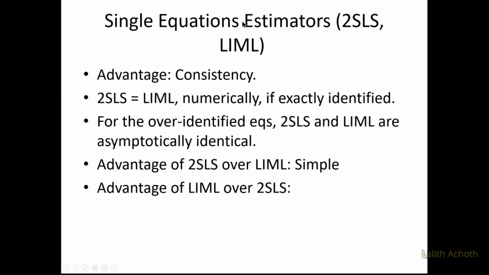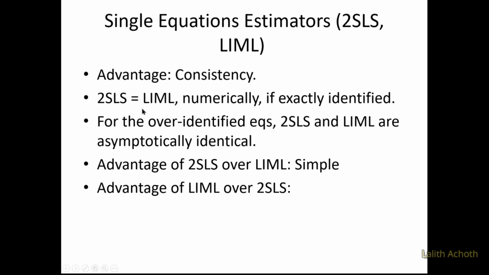Now coming to single equation estimators versus two-stage least squares and LIML. Compared to a single equation estimator, the two-stage and LIML are more consistent. Two-stage least squares will be numerically equal to the limited information maximum likelihood estimator if the equation is exactly identified.